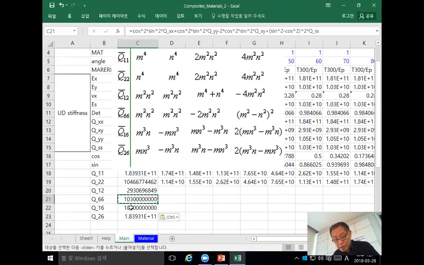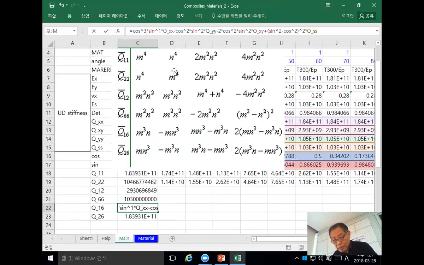Okay, now Q16, cosine, m is 3, and sine is 1, minus cosine 1 and sine 3, and then this one just a plus m cosine sine 3 and minus cos 3 sine.